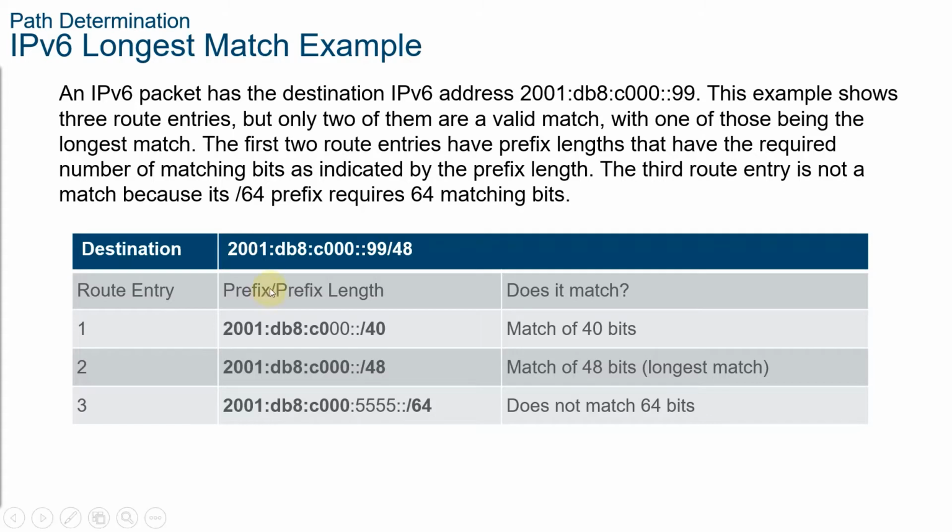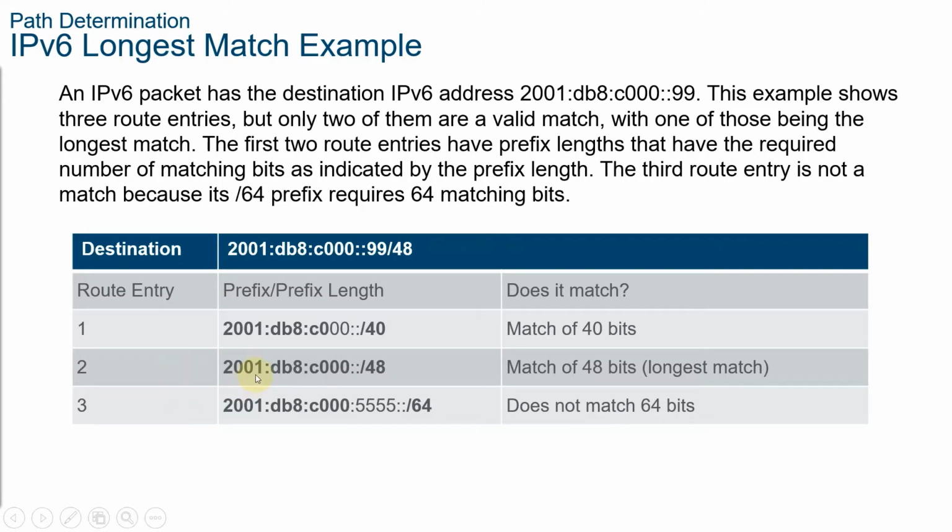So the first route entry, which is 2001:DB8:C000::/40. The prefix length of 40 matches the first, or the 40 far left bits in the IPv6 address.